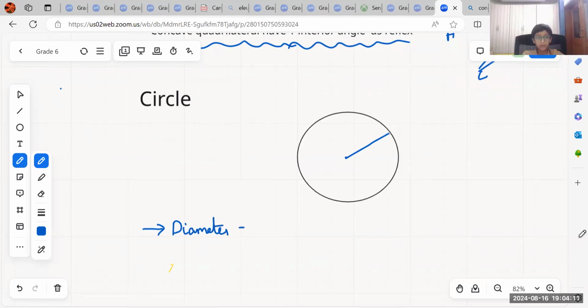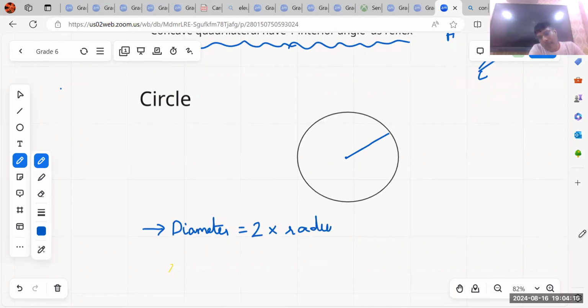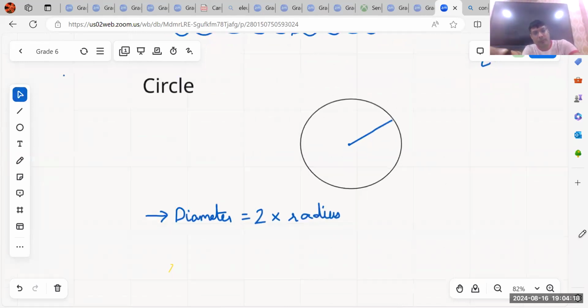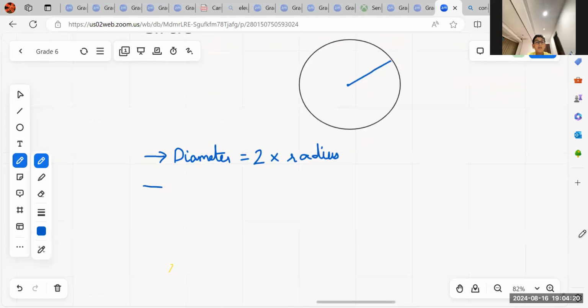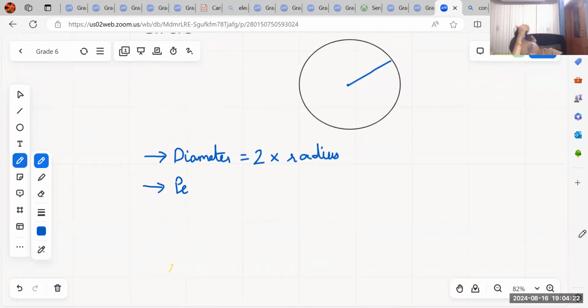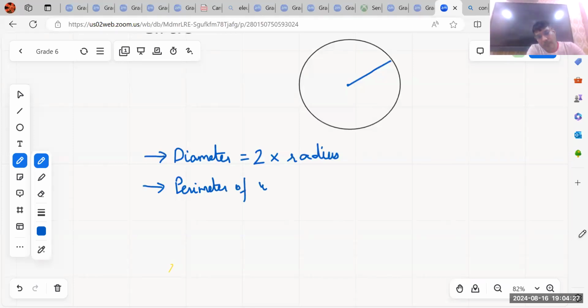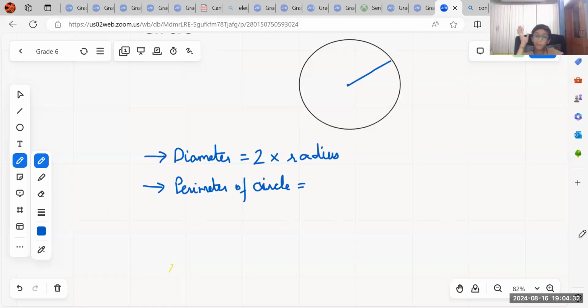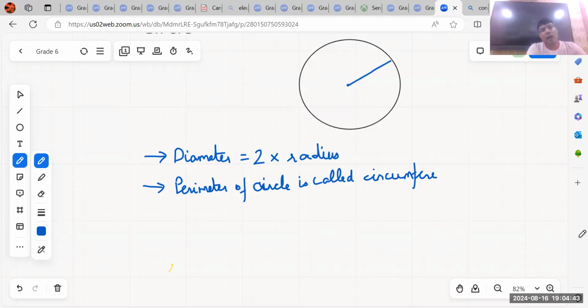So what is the perimeter of a circle called? Circumference. The perimeter of a circle is called circumference. So how do we measure the circumference on paper? We will learn that this year.